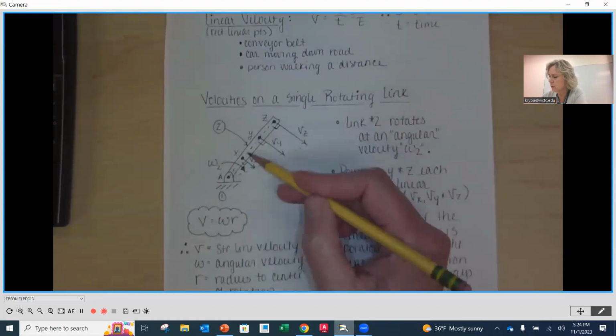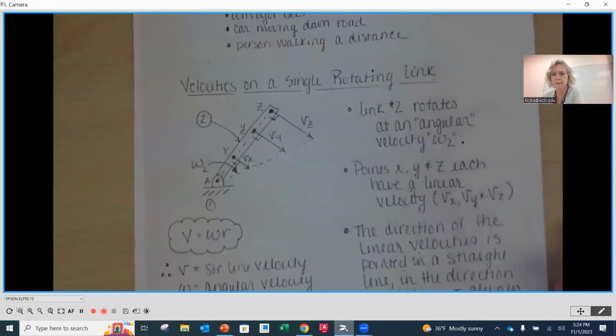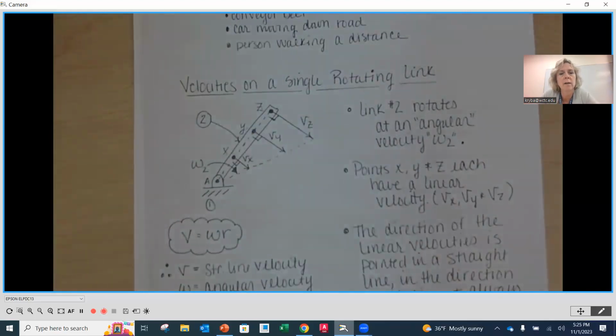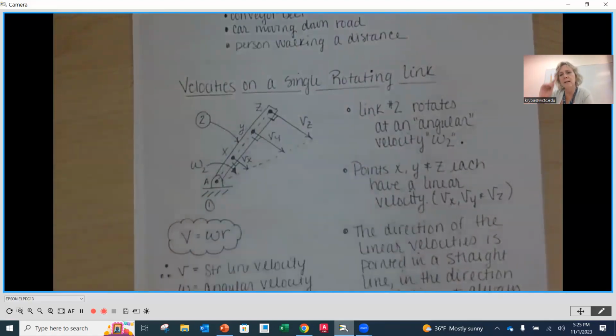Here's a single rotating link, rotating about point A. We have identified 3 points on here, X, Y, and Z, at different distances along that link number 2. Link number 2 is rotating, and that's what that W2 is. That signifies what we call angular velocity, sometimes referred to as rotational velocity.